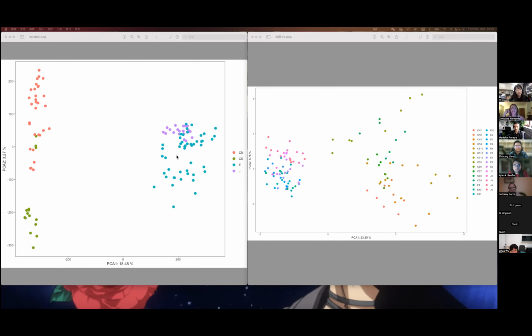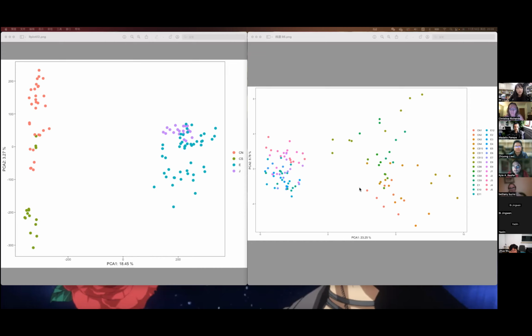So I think you should put the Chinese individuals and Japanese individuals apart. And the right picture is the Homer analysis. They are the same individuals, but the left is for transcriptome and the right is for the Homer analysis.